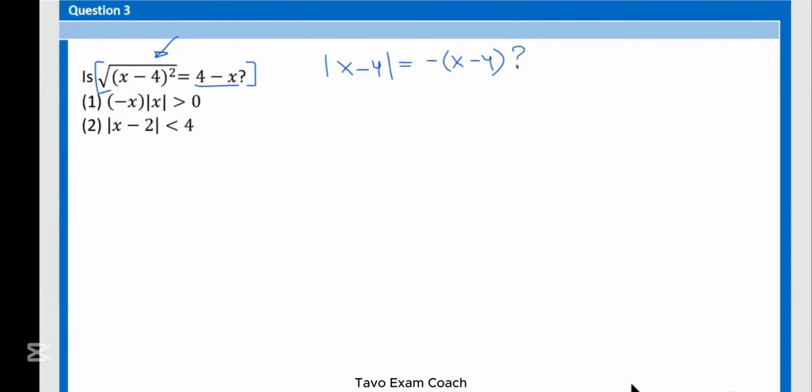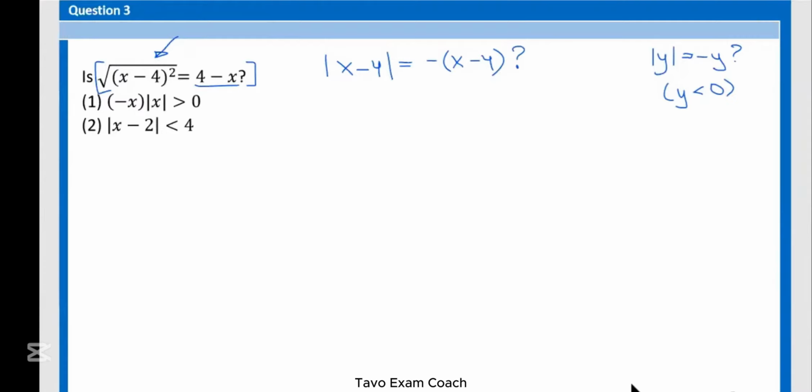It's like asking if the absolute value of y equals negative y. When would that be true? Only when y were negative. Only in that case, that equality would hold true.